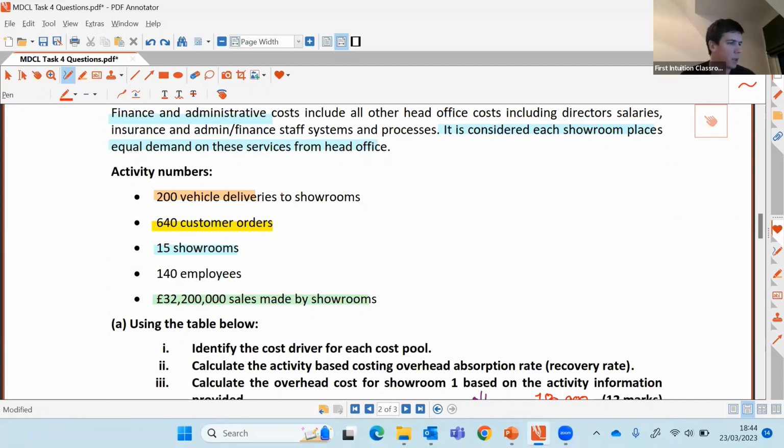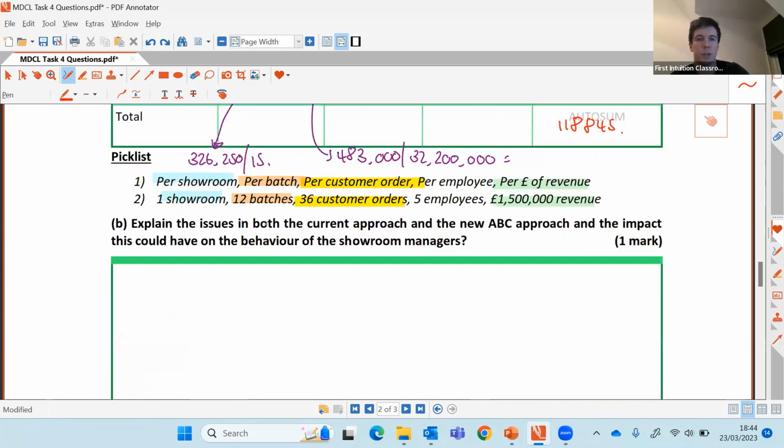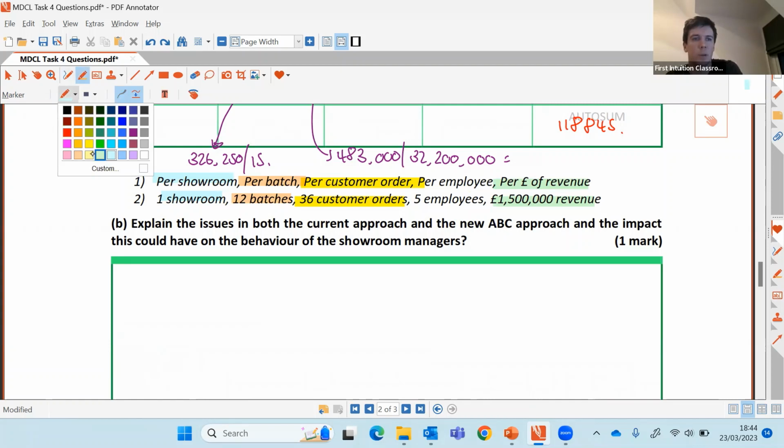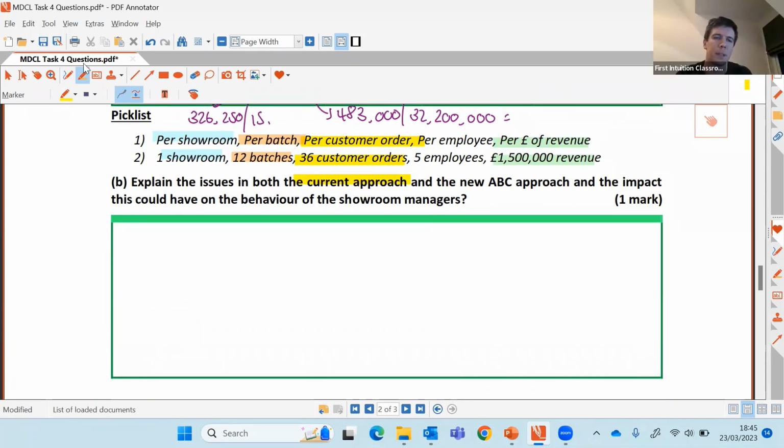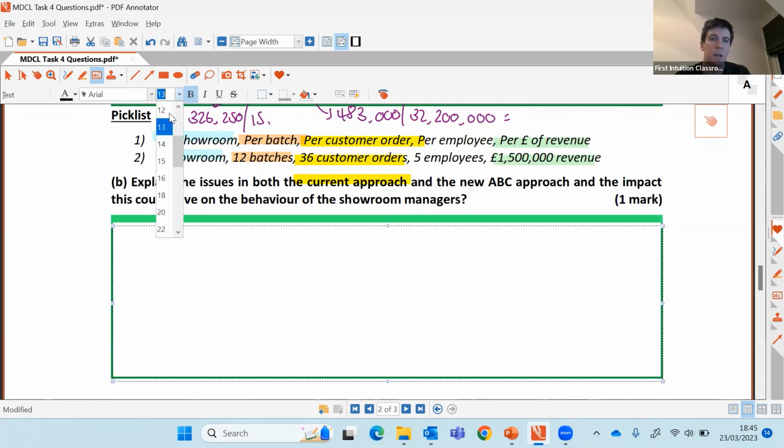So what I would say to start with, if I were going to try to answer each aspect of this, let me talk about the issues, first of all, with the current approach. I'll do it in 3. As I said, you wouldn't have to do this much for the mark, but it's good practice nonetheless.